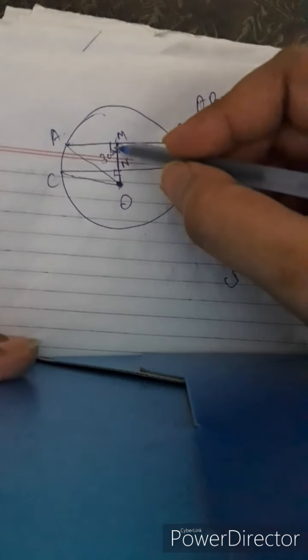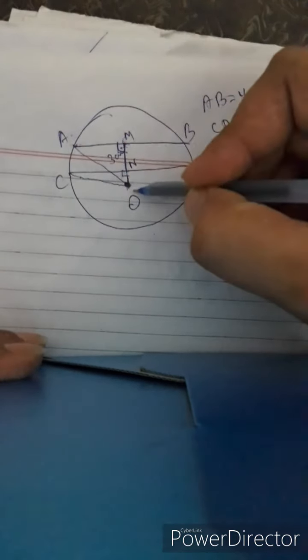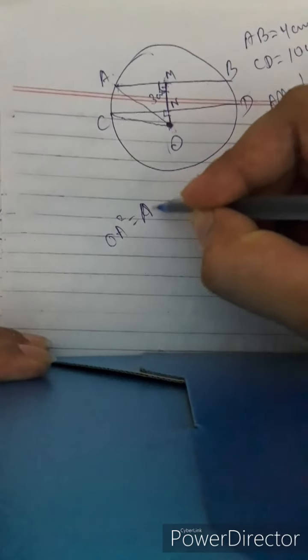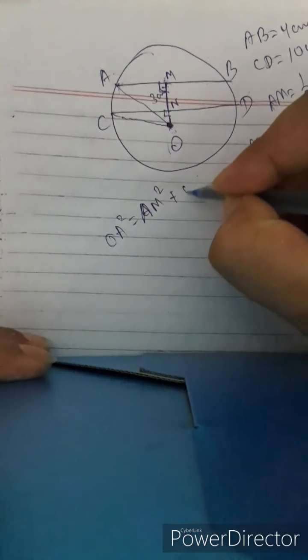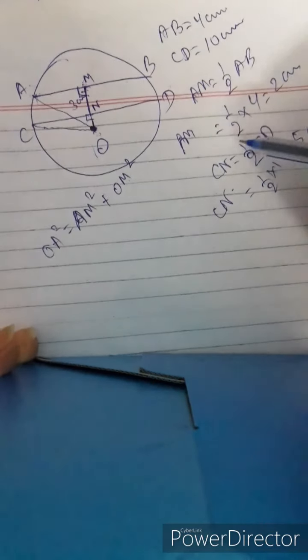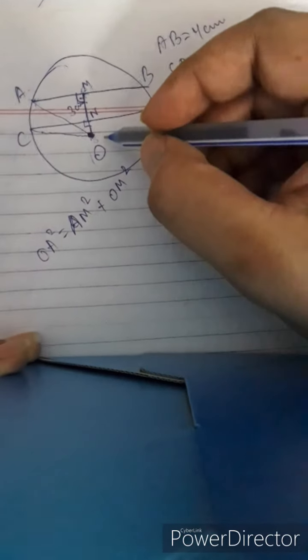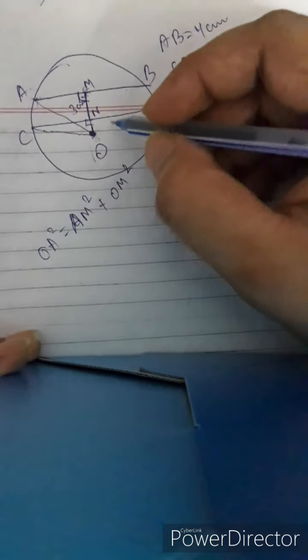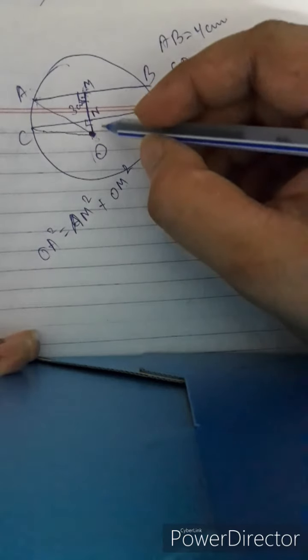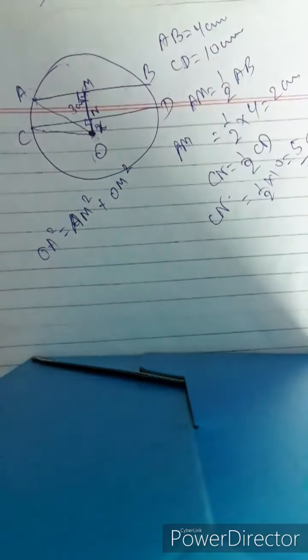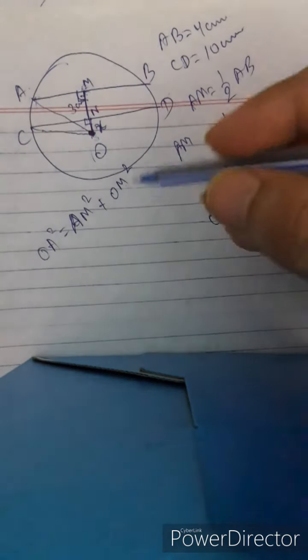Alright, now according to Pythagoras theorem, we have OA square, that is the hypotenuse, equals AM square plus OM square. We can take ON as x centimeter, for our convenience.